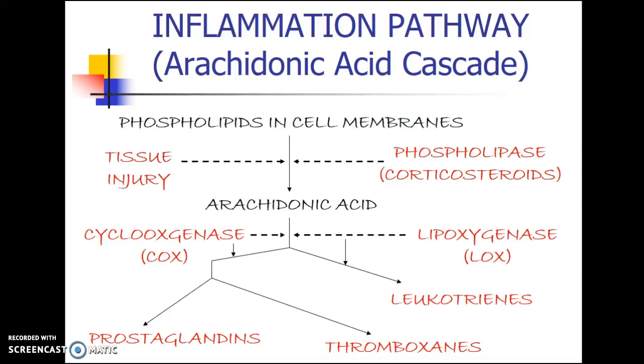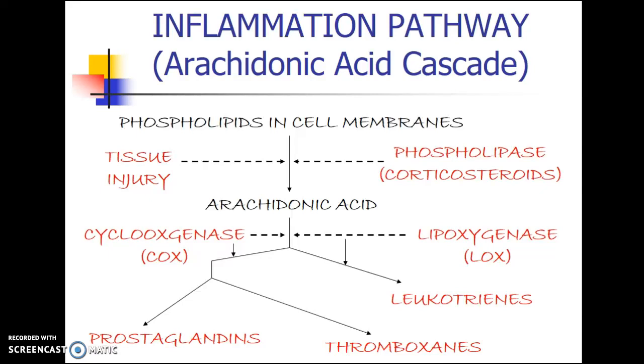It's phospholipids. And when they're injured, there is an enzyme that comes out, and it's called phospholipase, up here on the right-hand side. Phospholipase is an enzyme, and this -ase is characteristic of an enzyme name. So you'll see this name as we go further into the pathway.